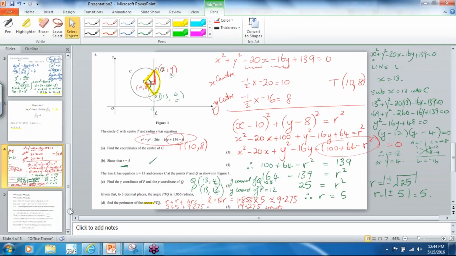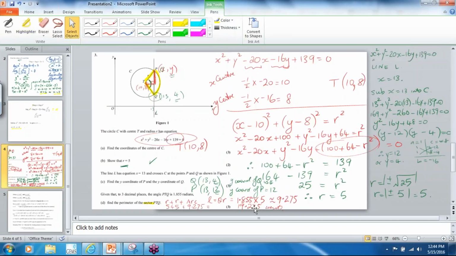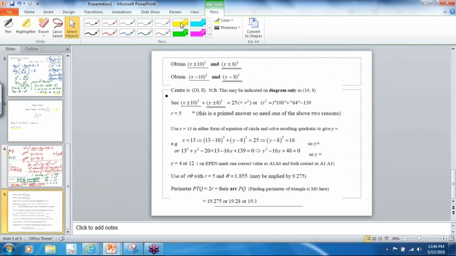All right, let's check our answers here. It didn't ask to answer in 3 decimal places. It says, given that the angle is 1.855 to 3 decimal places. So let's just check the answers. Now, the center is (10, 8). This may be indicated on the diagram only as (10, 8).